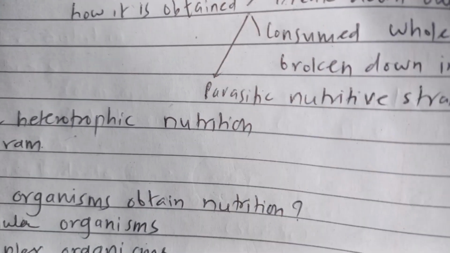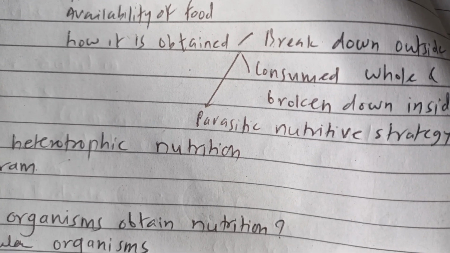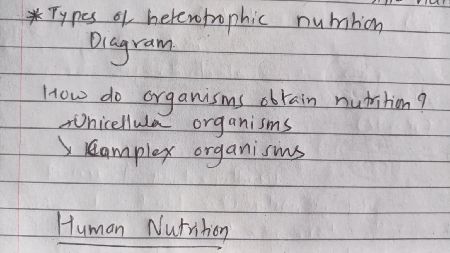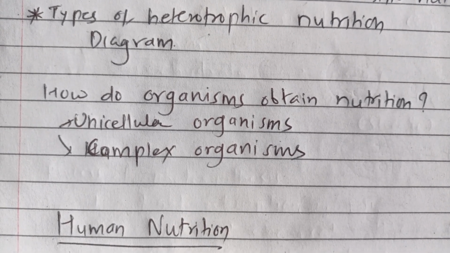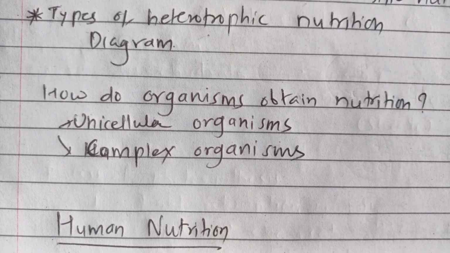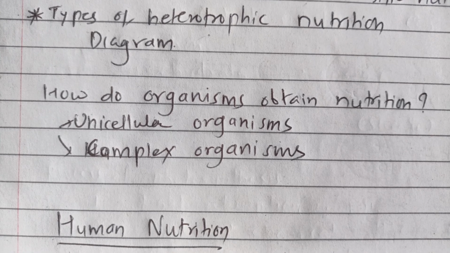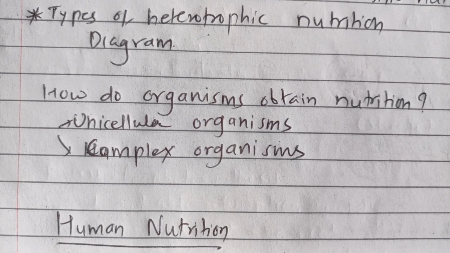Now, how do organisms obtain their nutrition? Let's go into a little bit more detail. Unicellular organisms differ in the way they take nutrition from the external surface, and the digestive systems are different in different organisms based on how they take the food.